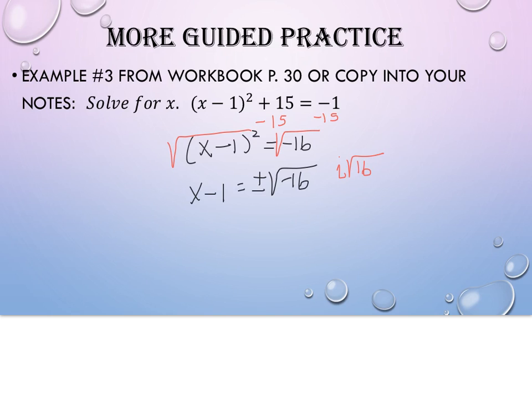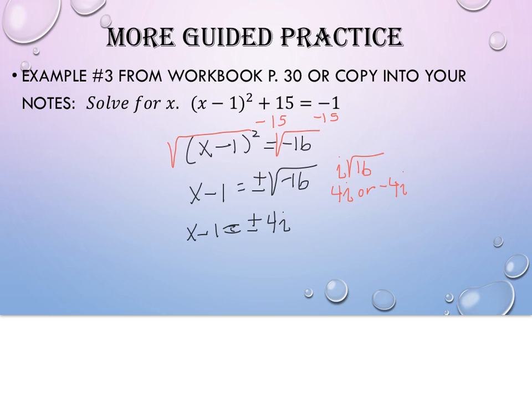And the square root of positive 16 is 4. So this would be a 4i or a negative 4i. Okay, and here you have your plus or minus, which would change the sign but really leave it kind of the same. And then x minus 1 is going to equal positive or negative 4i.